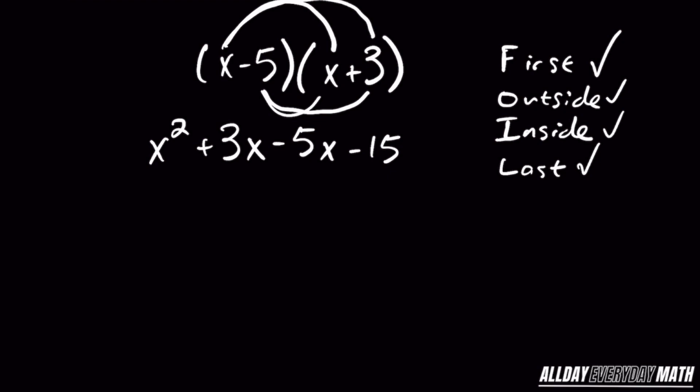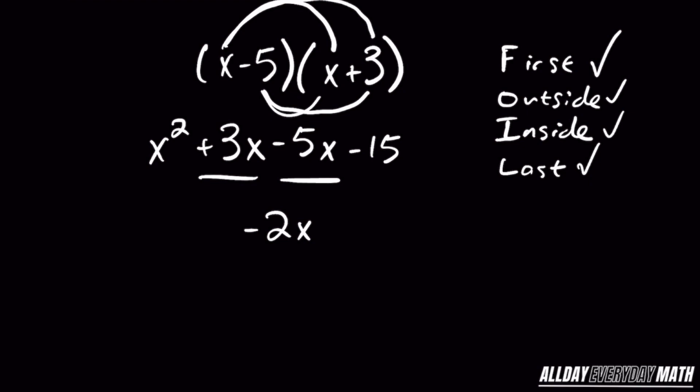So from here, we've done the hard part. Now we just need to combine like terms, and I only see two that we need to combine. And those are going to be the positive 3x and the negative 5x. Okay? So positive 3x minus 5x is going to give us negative 2x.